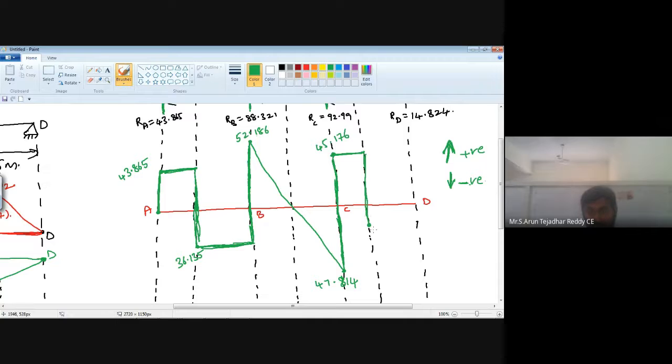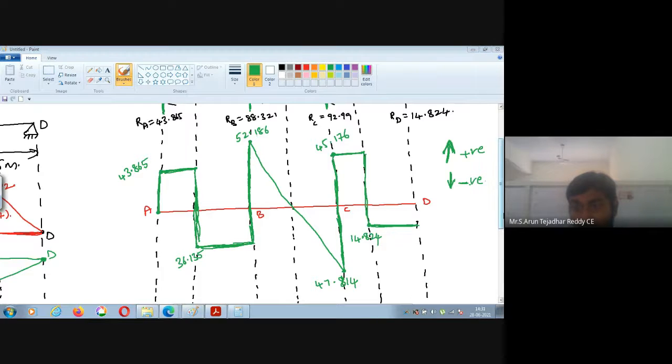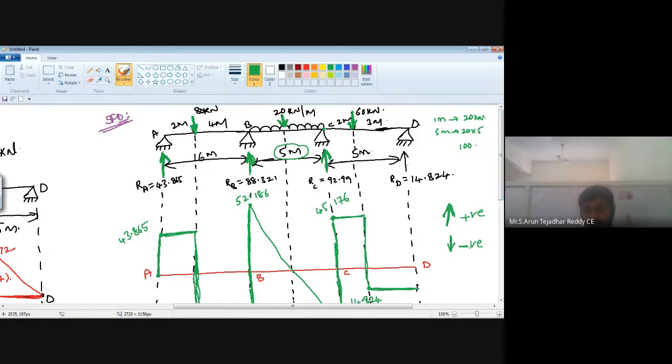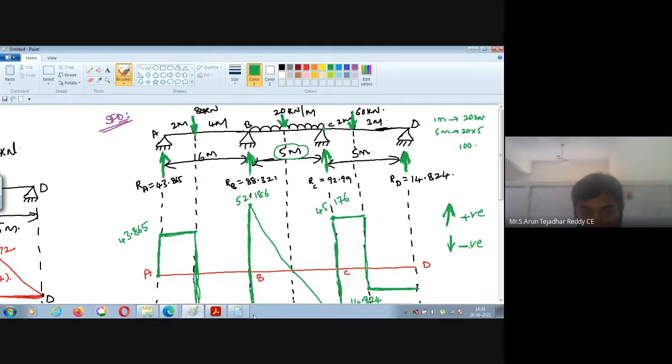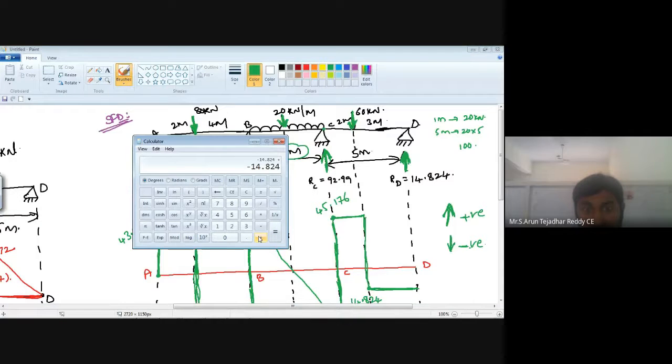Now join this point. What is the value here? It is 14.824. Up to here it is constant. And what about the D value? See, we have a D 14.824 in the upward direction. So upward is positive. Once open calculator, plus 14.824 equal to 0.